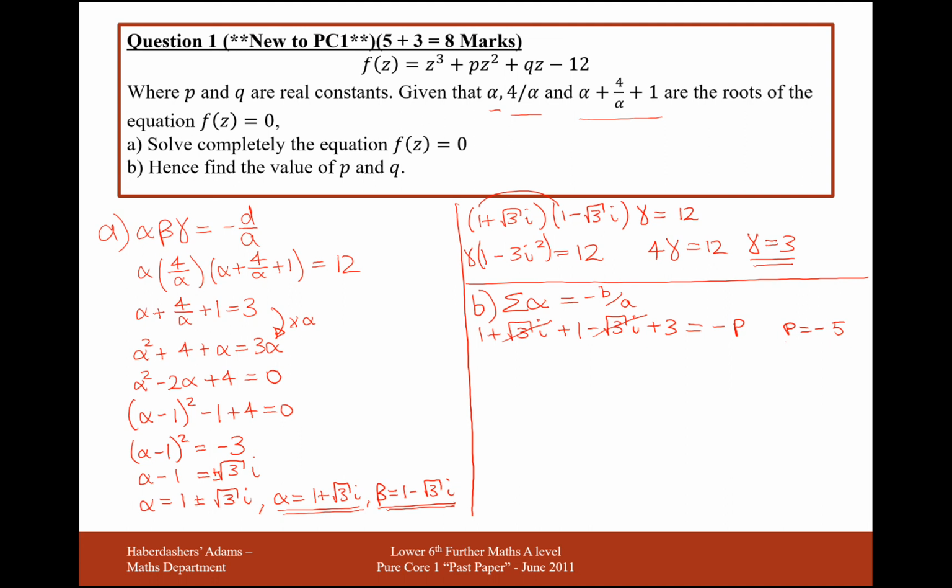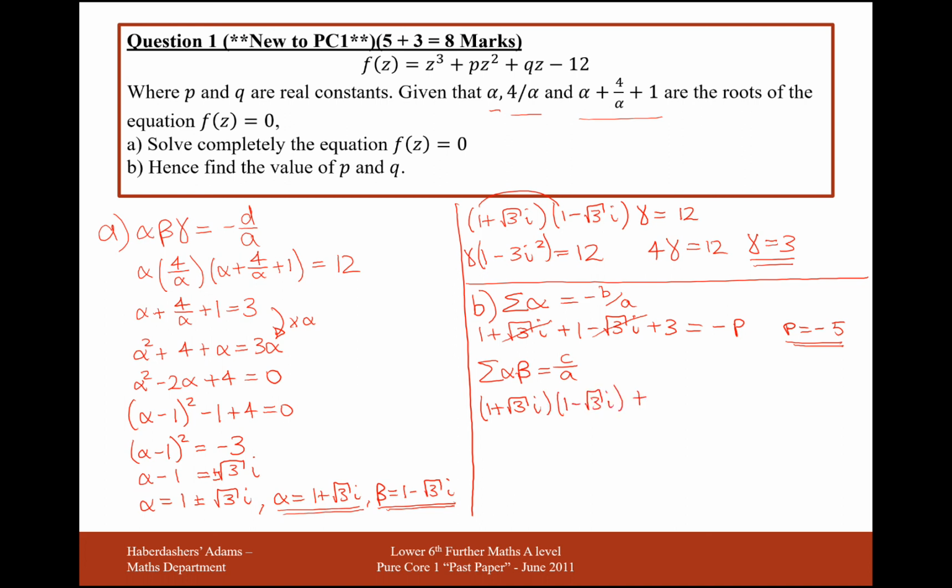Moving on to the next part for Q. This one's a bit more fiddly. Sigma alpha beta is equal to c over a. This means you have to multiply two of the roots together, and that will equal c over a. So let's start to do this. We have 1 plus root 3i times 1 minus root 3i.